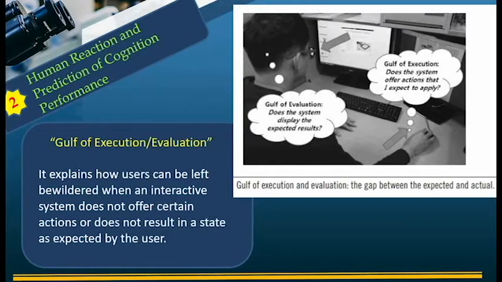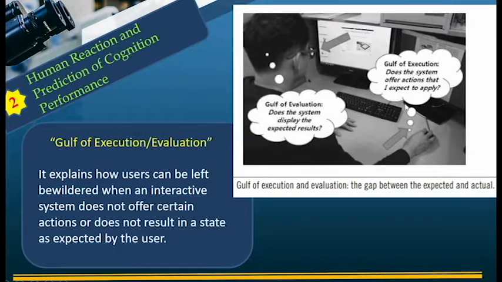It explains how users can be left bewildered when an interactive system does not offer certain actions or does not result in a state as expected by the user. As you can see in the figure, it's the gap between the expected and actual output. From the goal of evaluation: does the system display the expected result?